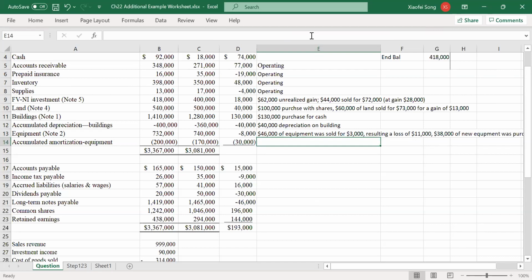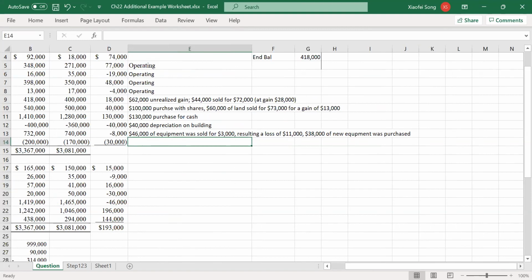So that is another investing cash flow. Okay. Any questions? Does it make sense? Yeah, here. Okay. One more item, we'll call it a day.